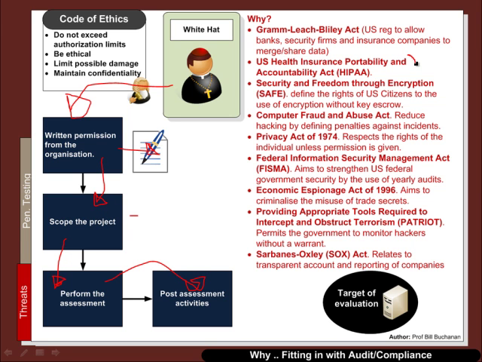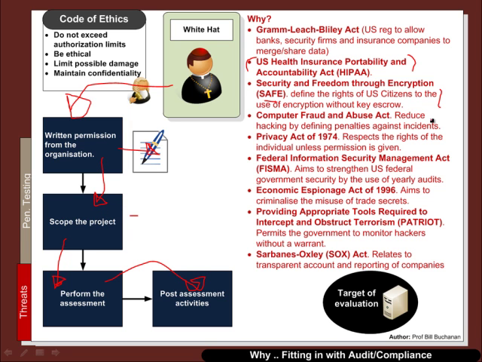An important act in the US is HIPAA, and around the world, and HIPAA relates to the data security within a healthcare environment. Then we can have SAFE, which is security and freedom through encryption, which actually defines the rights that US citizens have when they're using encryption, without the need for their keys to be stored in some sort of public place.